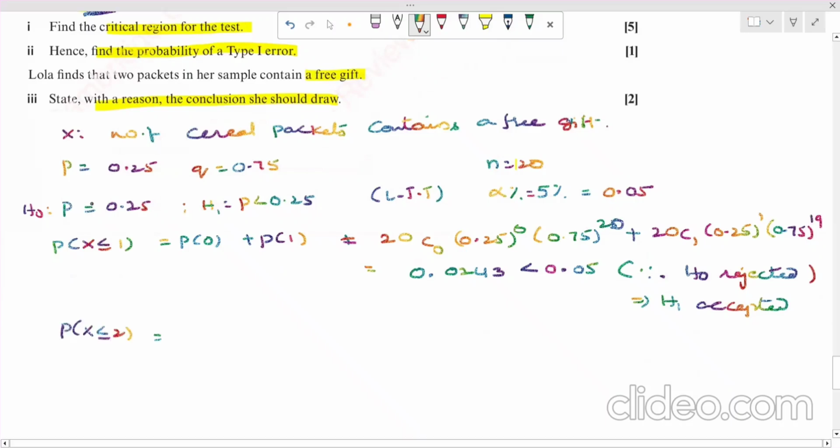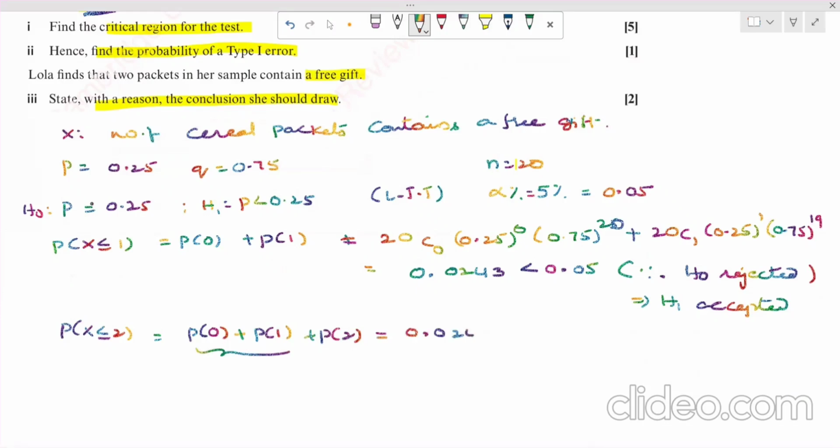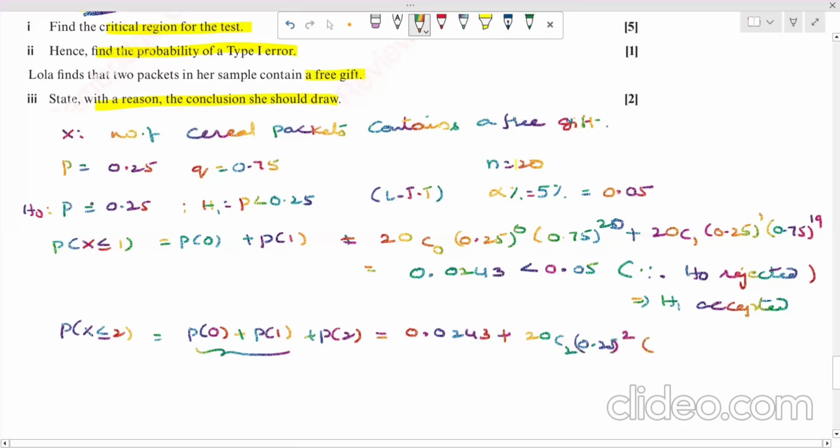X less than or equal to 2 means P of 0 plus P of 1 plus P of 2. We already got the value of P of 0 plus P of 1, which is 0.0243, plus P of 2, which is 20C2 into 0.25 to the power of 2 into 0.75 to the power of 18.